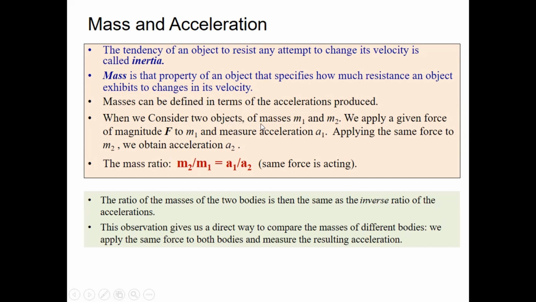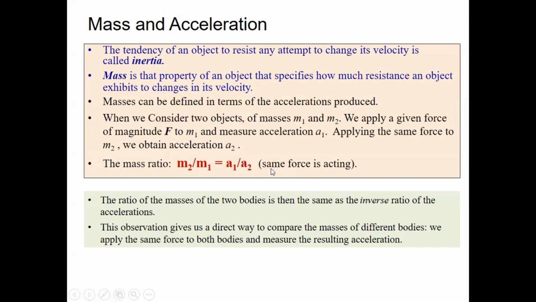When we consider two objects, for example, mass m1 and mass m2, and we apply a given force F to m1 and the same force F to m2, and then measure the accelerations as a1 and a2, the ratio of the masses m2 divided by m1 is equal to the acceleration of the first object divided by the acceleration of the second object.